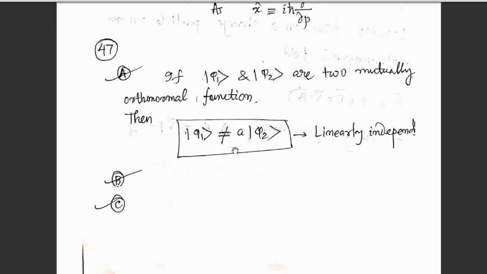But as these two wave functions are mutually orthonormal, if you take the scalar product, obviously it will give you 0. So they are linearly independent. That's why this option is correct.